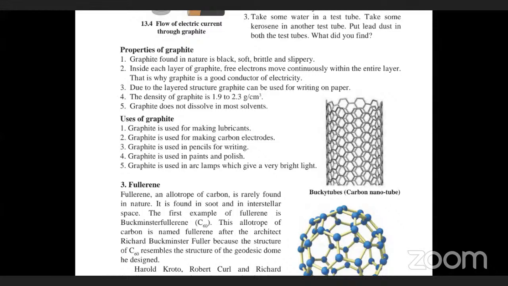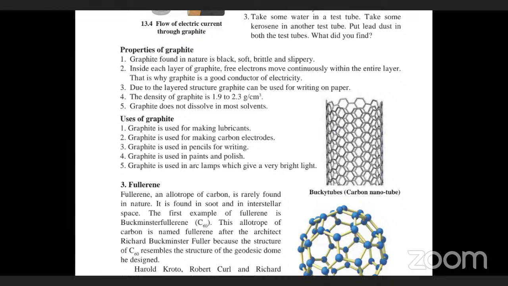So we have studied that for conduction of electricity, free electrons are required, right? Any substance which has free electrons is going to act as a good conductor of electricity. So graphite acts as a good conductor of electricity because of the free electrons.